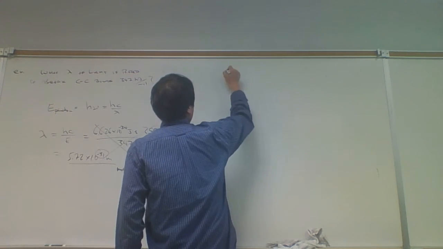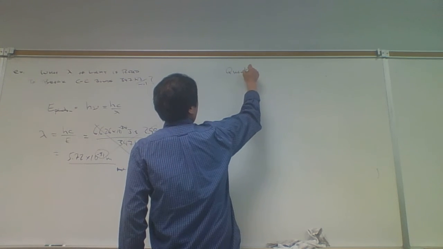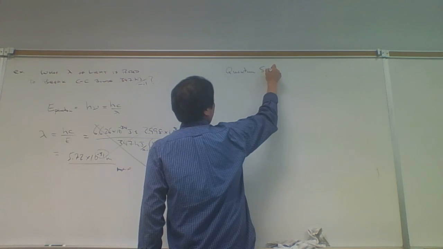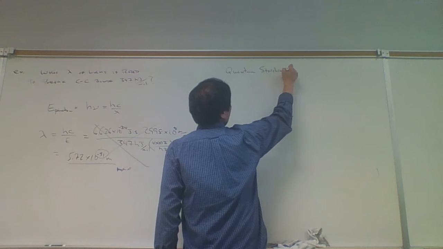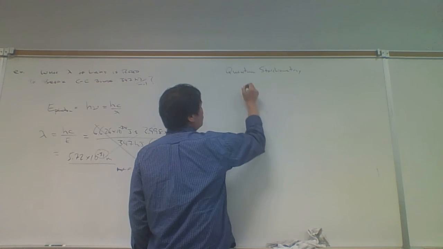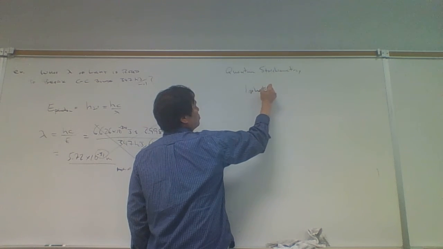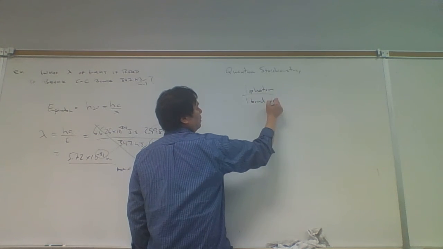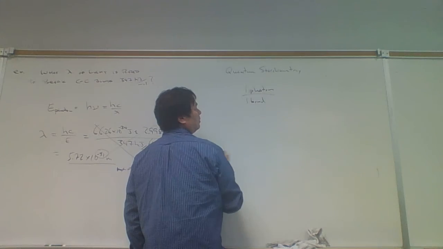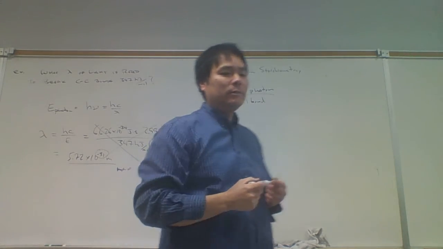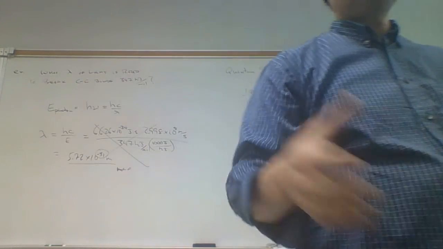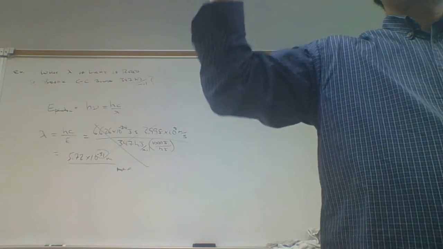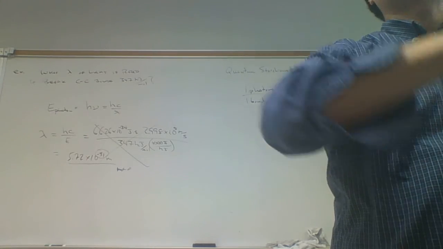And so if we go back to quantum stoichiometry, one photon is going to be absorbed by one bond. It would be nice if I could use this mega photon, hit potassium, and eject a mole of electrons.